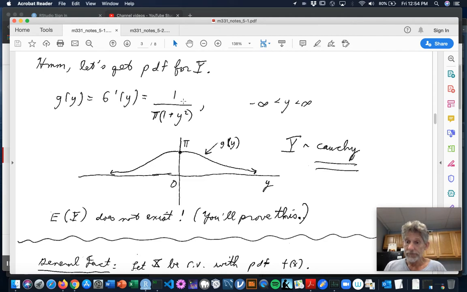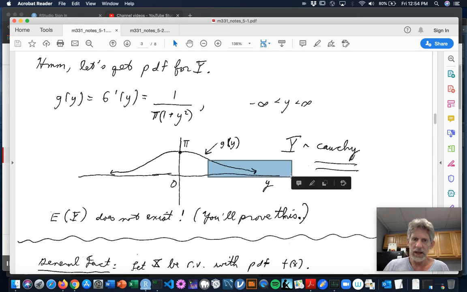Well, when you do improper integrals with 1 over y, you already know from your Calc 2 stuff that it diverges. That 1 over y goes to 0 too slowly to have a finite area underneath it all the way out to infinity. So basically what's happening here, and you'll prove it exactly when you do the math with the improper integrals, is the tails are too big.